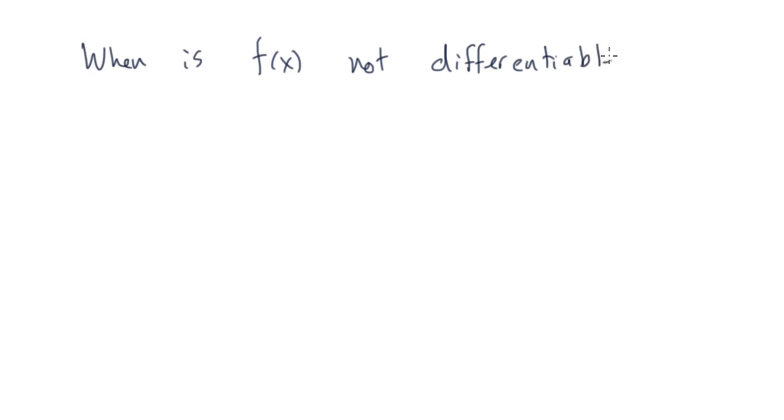Okay, so when is a function not differentiable? Well, recall that the derivative is defined as a limit. So this question, when is f of x not differentiable, is the same as this question.